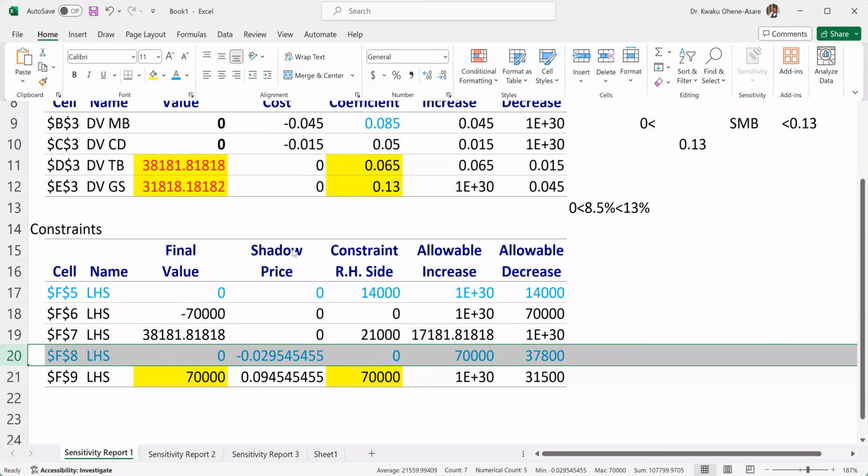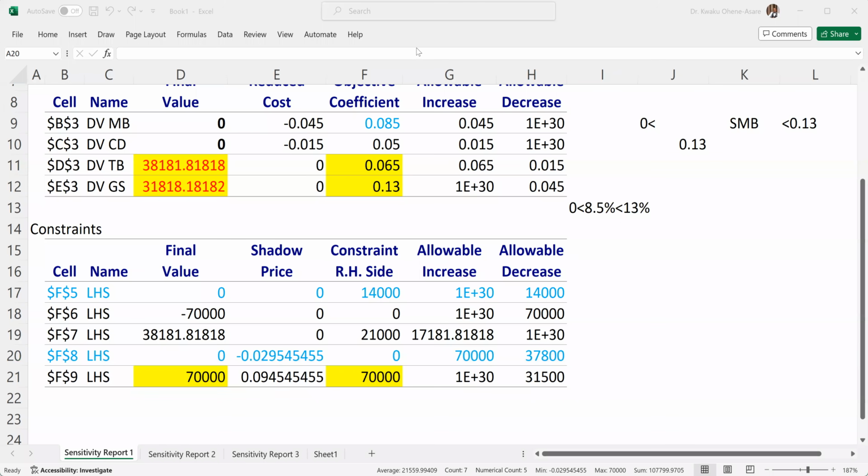Who can tell us? Which one should she go for? Diversification mix 1 and diversification mix 4. 1 from 14,000 to 15,000 and diversification mix 4 by 1,000. Which one should she go for? Clementine.